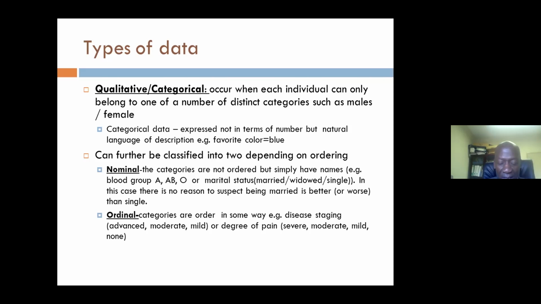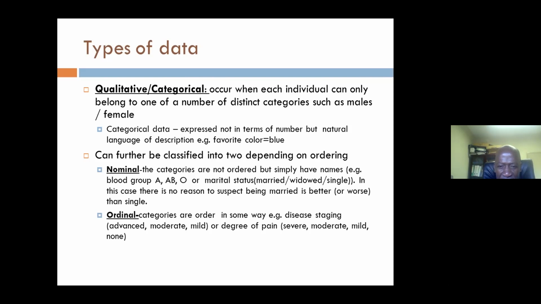And in addition to that, we also have ordinal data. Ordinal data has the qualities of nominal data, but with the additional property of order. Ordinal is from the word order, which means you can assign the values in order.